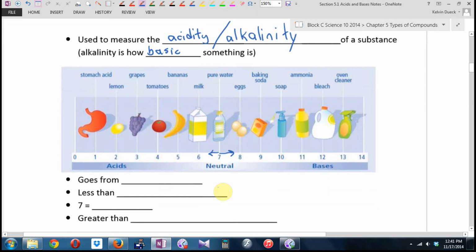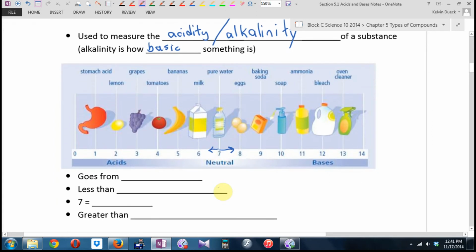Okay? So it goes from, well, how far left does it go? What does the chart say? 0 to 14. That isn't quite accurate. There are some very, very freakishly acidic things that have a pH of less than 0, but it doesn't make much sense mathematically. It's because they didn't know much about acids when they set up the pH scale.